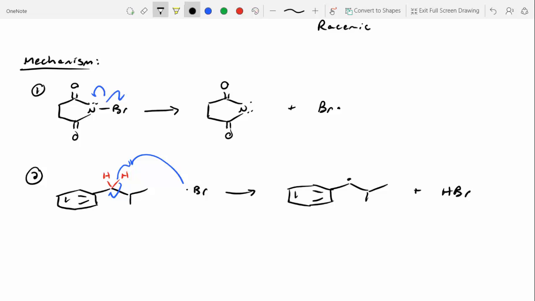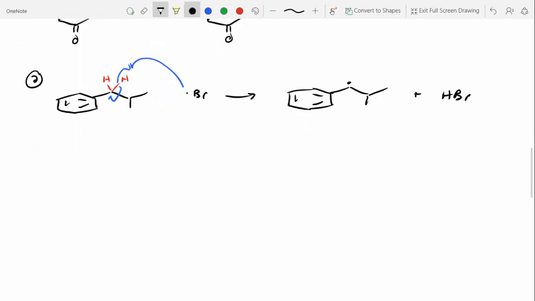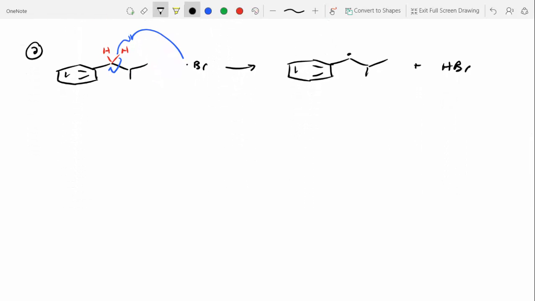What's the next step? Not termination. We haven't installed our bromine yet. Close. Propagation, right? So in this NBS system, there's oftentimes trace bromine around. This radical will abstract a bromine atom from elemental bromine that's floating around in solution.